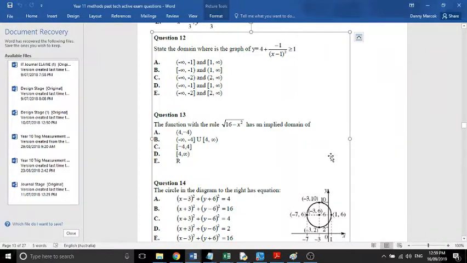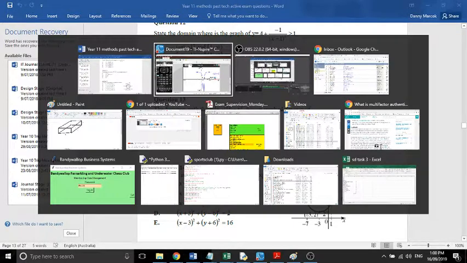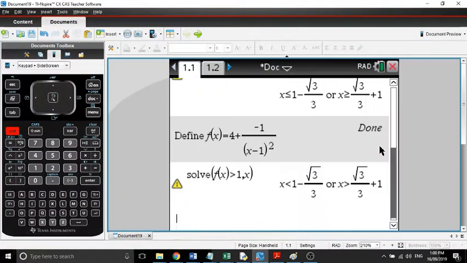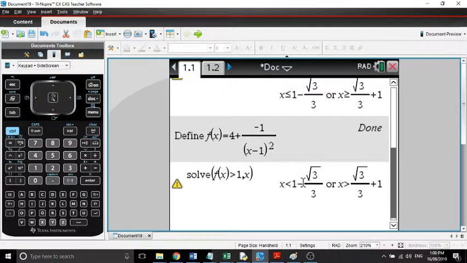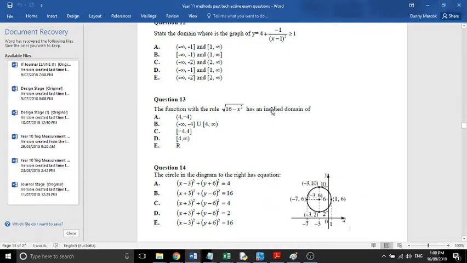So it looks as though CAS will be saying where x is less than that value or x is more than that value. So none of these seem to make sense. So we're saying negative infinity to this and this to positive infinity. Bit of a bummer, but that's what we've got there.